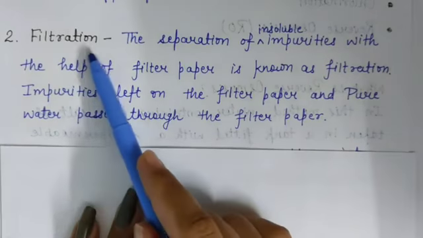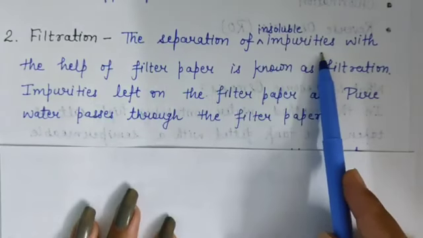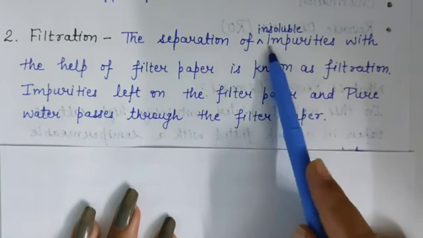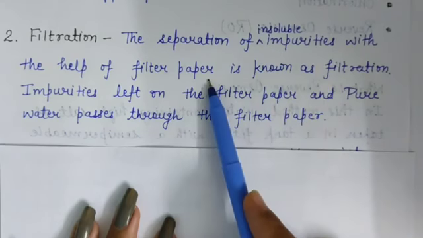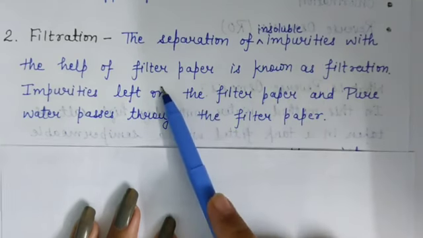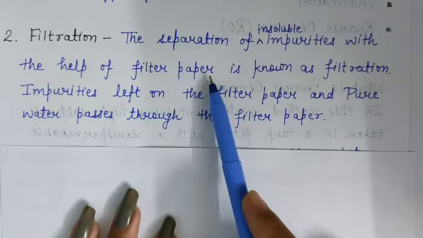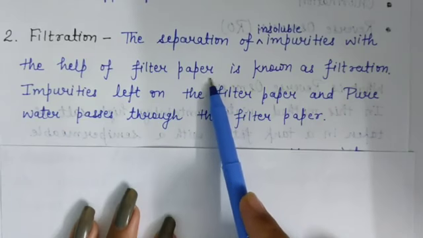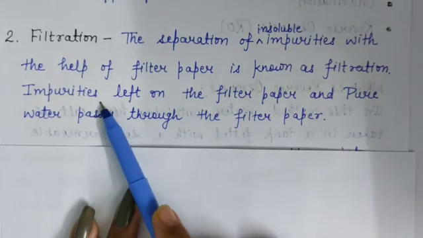It means, what is filtration? Separation of insoluble impurities. And for separating the insoluble impurities, we use a filter paper. And a filter paper is a kind of paper which allows only pure water to pass through it. It will not allow the impurity to pass through it.